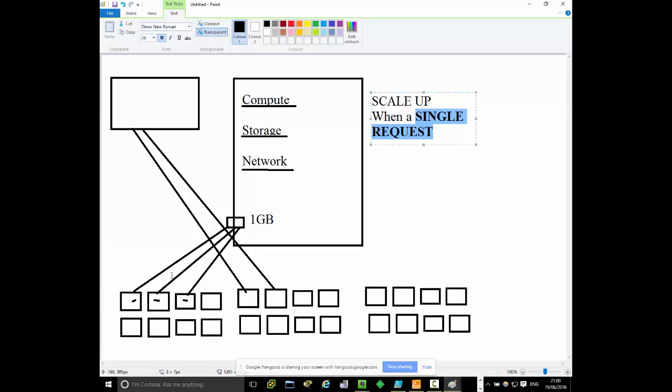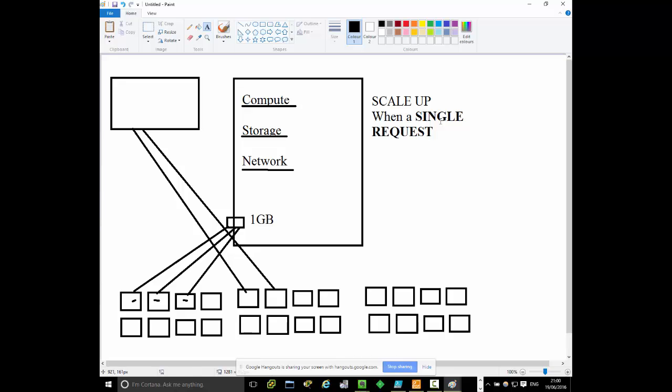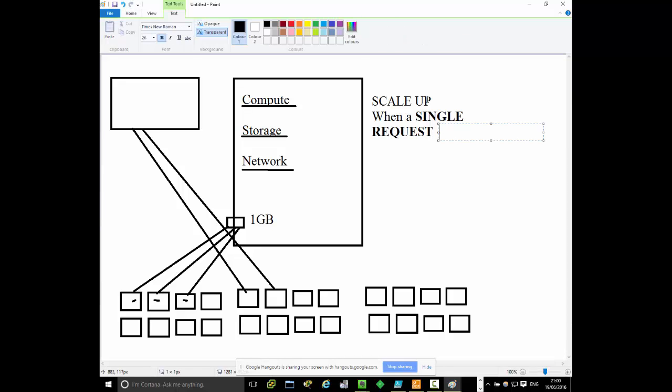Even if this machine is used by just one client, when a single request demands more memory and processing power to complete, in this case, you just scale up. One single request needs more memory and processing power to complete.